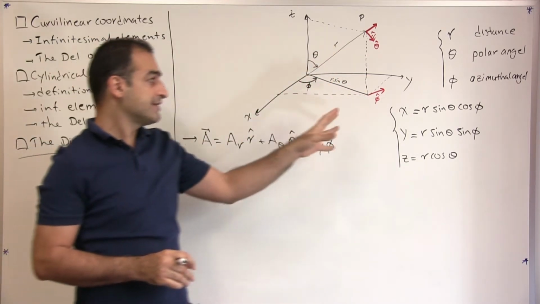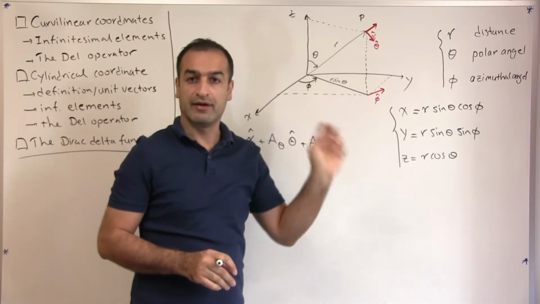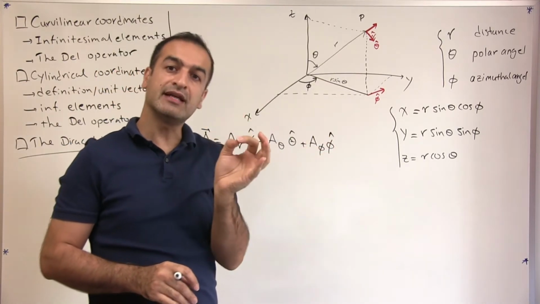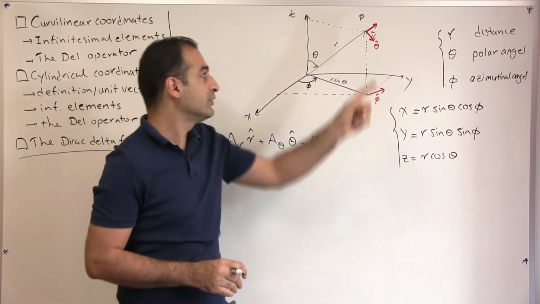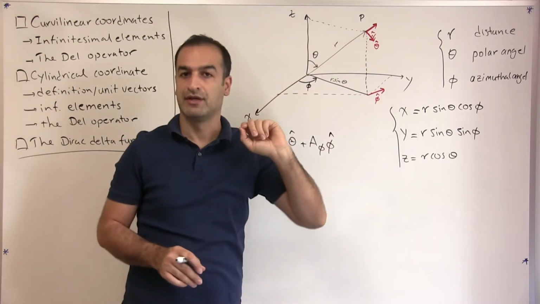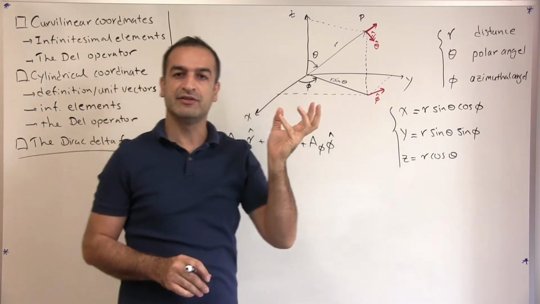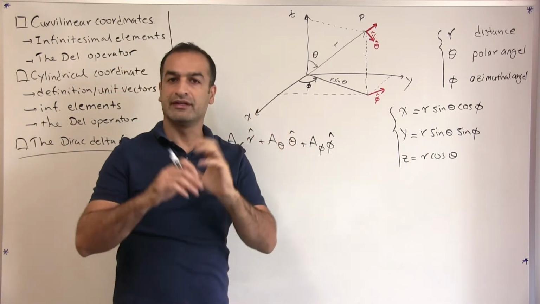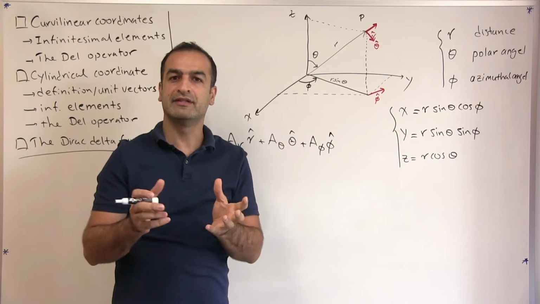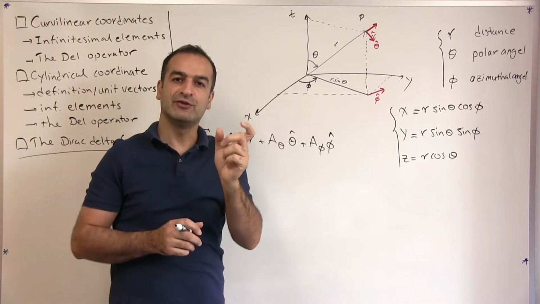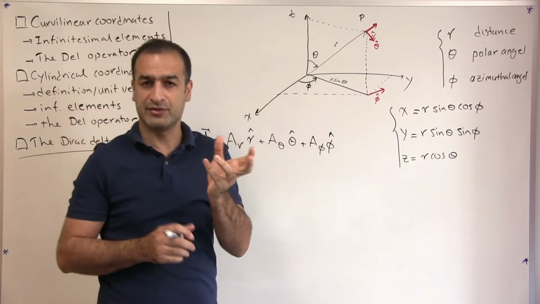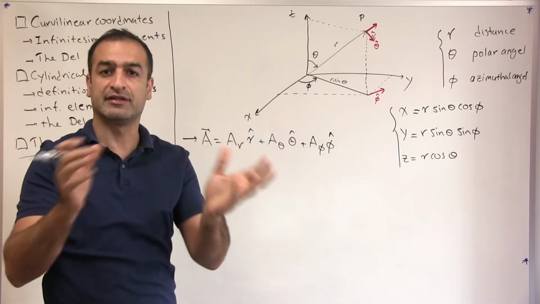This is what happens in spherical coordinates. So we do have a set of unit vectors. They are orthogonal to each other, which is perfect. The size is always one, but the direction of the vectors depends on where the point P is in space. So for that reason, you have to be careful when doing calculations. If you are doing an integral or a derivative, these unit vectors of spherical coordinates are not absolute constants, so you cannot easily take them out of an integral.